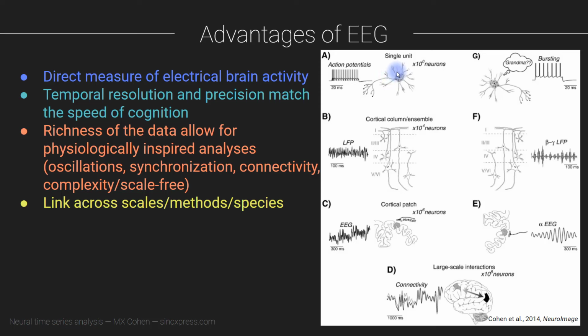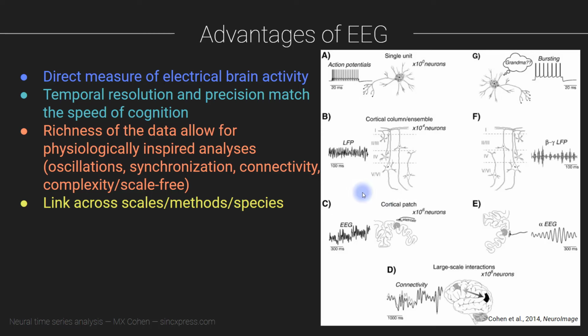So we go from individual neurons to small clusters to larger ensembles, and all the way up to really large-scale interactions of brain regions. We go from a single neuron and even sub-neuron compartments like individual dendritic branches, all the way up to the coordinated activity of millions of cells. And at every spatial scale, we can measure meaningful electrical activity.